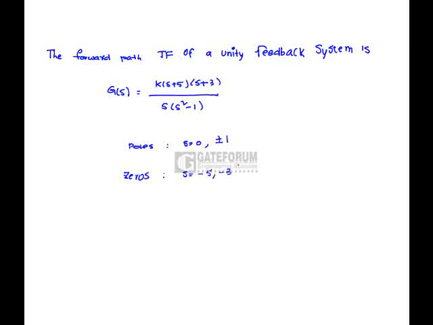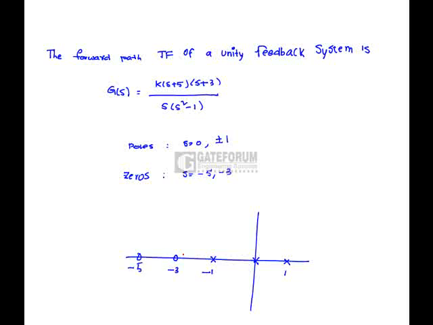Whereas out of 3 poles, 1 pole is located on the right half of the S-plane. So if we plot, this is 1, this is minus 1, this is 0. Here minus 3, minus 4.